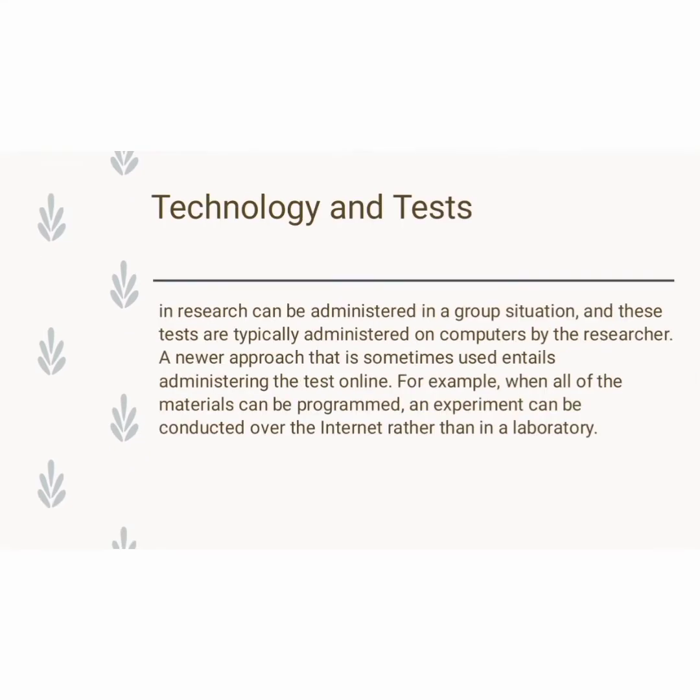Next is technology and tasks. Most tasks used in research can be administered in group situations, and these tasks are typically administered on computers by the researchers. A newer approach that is sometimes used entails administering the test online. For example, when all of the material can be programmed, an experiment can be conducted over the internet rather than in a laboratory.